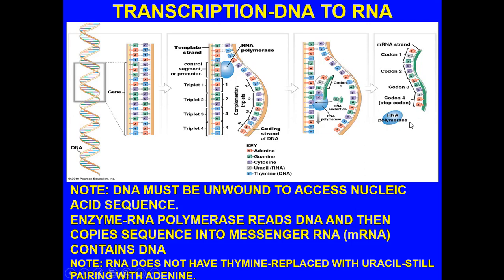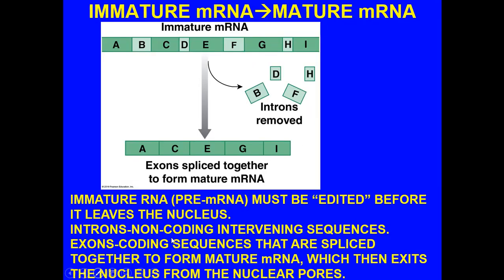The messenger RNA strand will pop up always. And as I mentioned to you a couple of times before, in RNA, wherever there would have been a thymine, it's replaced with a unique nitrogenous base called uracil. Uracil will base pair with adenine.